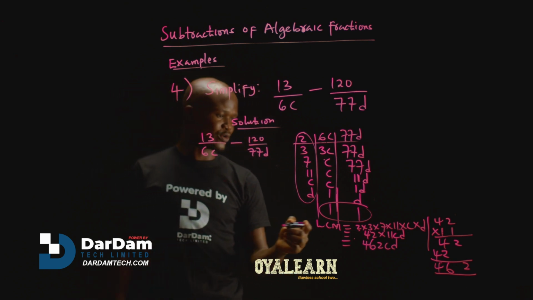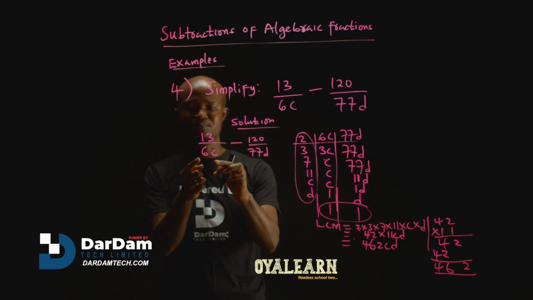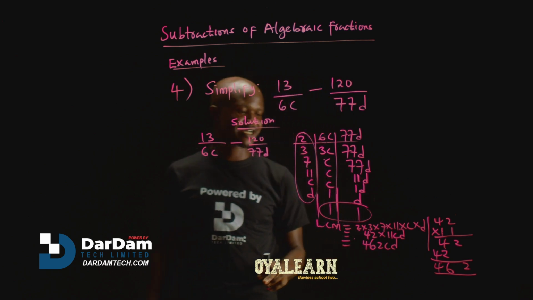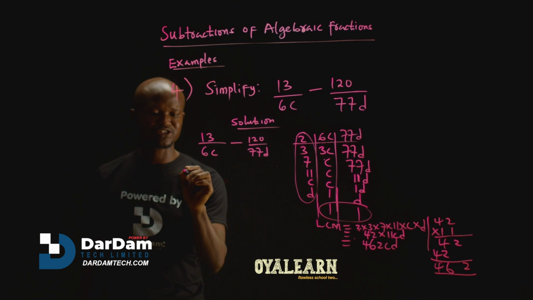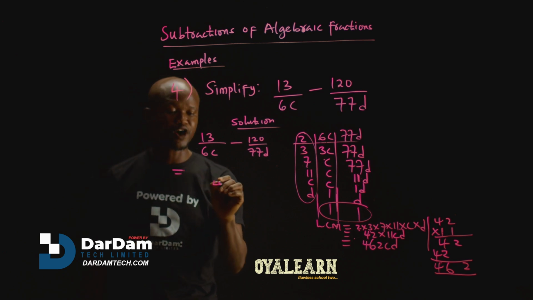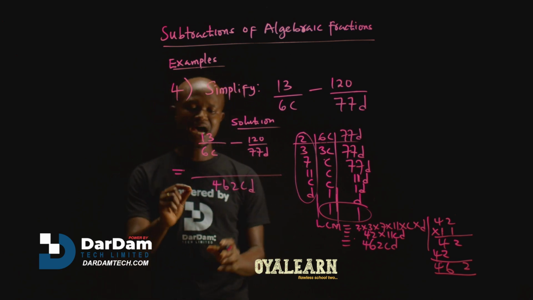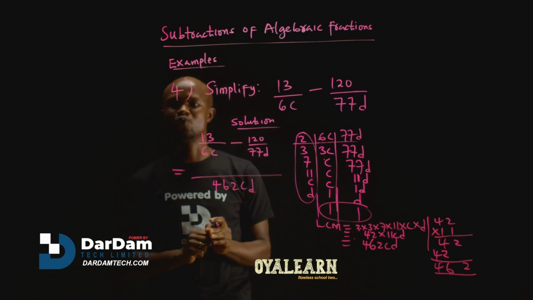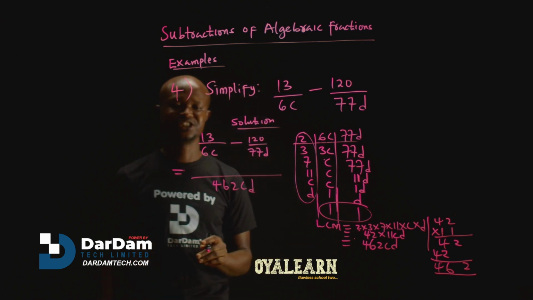If you check very well, if you multiply 6C and 77D, you will see that you are having 462CD. That is it. So now let's go back to the main problem, with 462CD as the LCM. Now, 462CD divided by 6C will give us 77D.